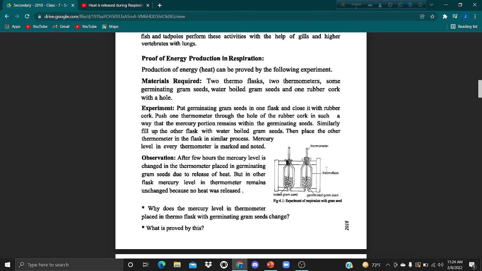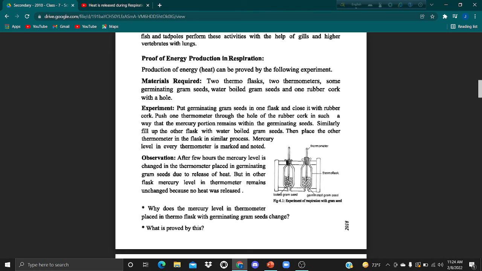But in the other, the mercury level of the thermometer remains unchanged because no heat was released in this boiled seeds thermoflask.